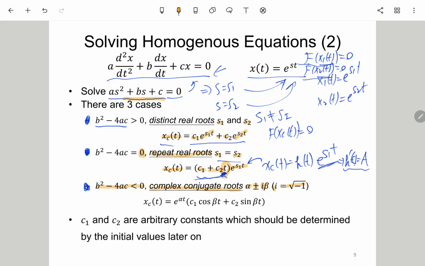I always like to write j to be the square root of -1, so later on when I write j, it means the square root of -1.